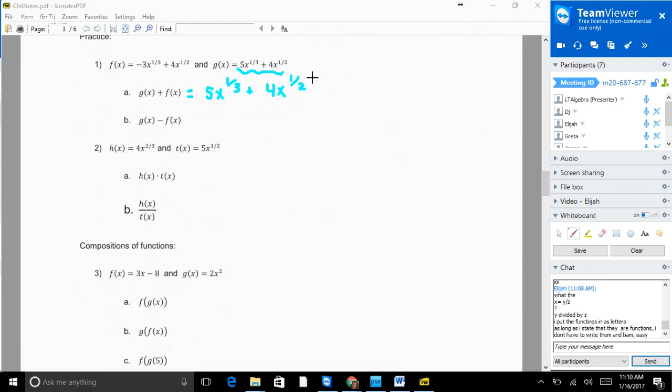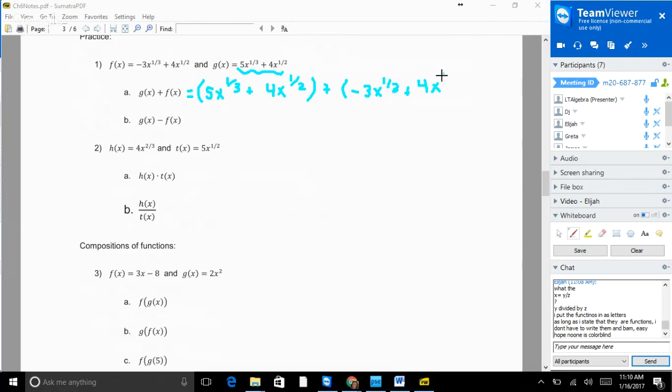And then I'm adding that. So this is g of x plus f of x. f of x is negative 3x to the 1/3 plus 4x to the 1/2. Like I said, the painful part is watching me write this out.